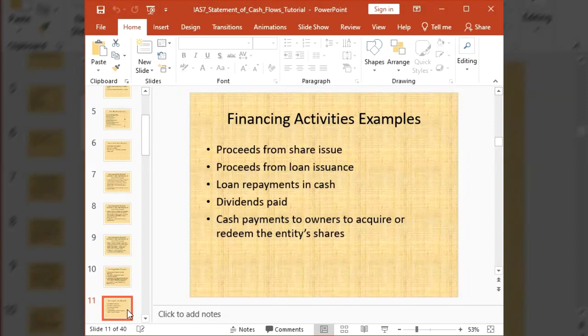All these are financing activities. When we talk about proceeds from issue of shares, we say that when an initial public offer is made to prospective investors, the reporting entity expects to receive cash from those prospective investors. So that is an example of a cash inflow to the reporting entity.